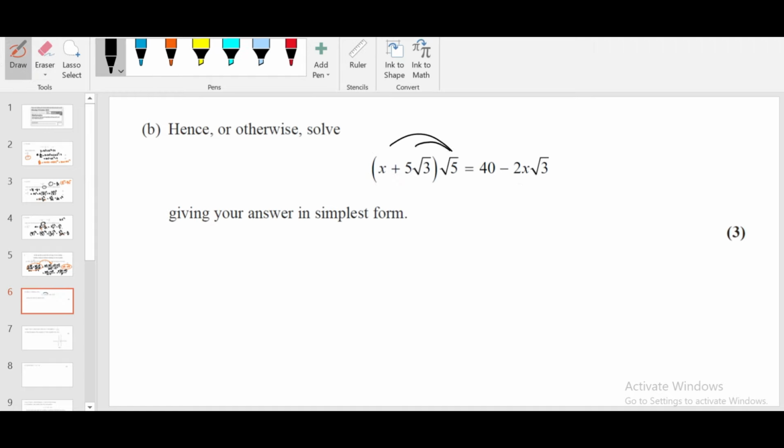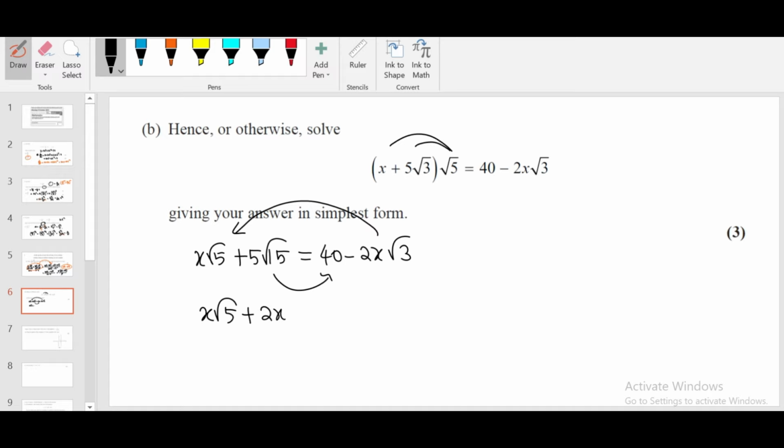So you need to open the bracket, take square root of 5 and multiply both. You will get x root 5 plus 5 root of 15 is equal to 40 minus 2x root 3. And then collect all the terms involving x one side, the numbers to the other side. You will get x root 5 plus 2x root 3 is equal to 40 minus 5 root of 15.